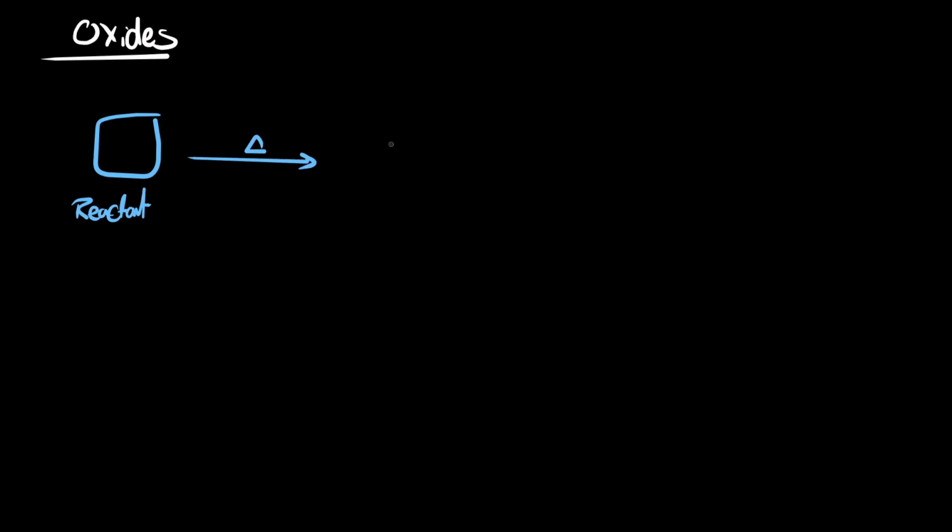So the first one we have is called the oxide. The chemical reaction for the thermal decomposition of metal oxides is basically like that. You have the reactant here, exposed to heat or a high temperature, which gives you two resultants.